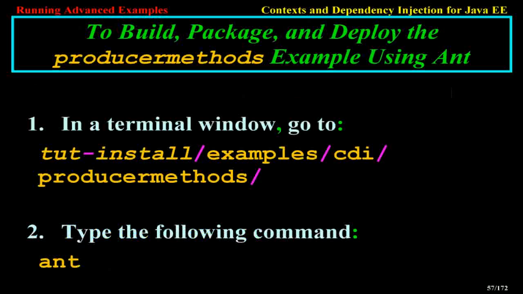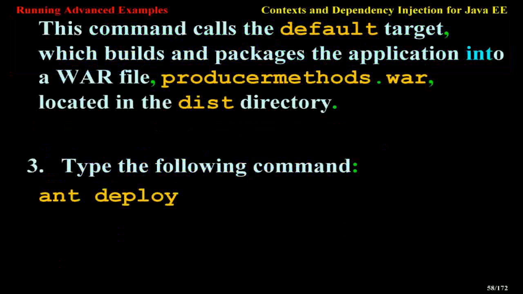Using Ant: in a terminal window, go to tut-install/examples/cdi/producermethods. Type the following command. This command calls the default target, which builds and packages the application into a WAR file, producermethods.war, located in this directory. Type the following command to deploy.